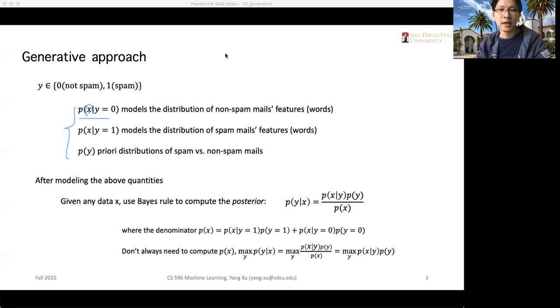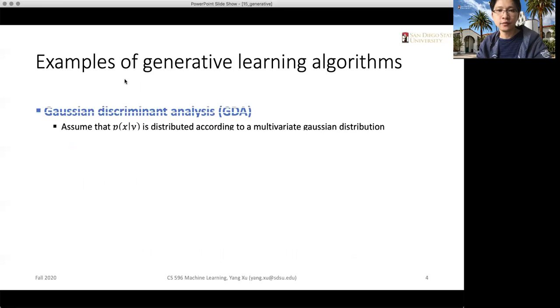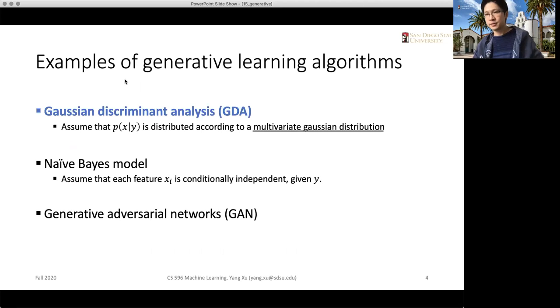So let's look at actually 3 types of models that we're going to cover today. The first one, the Gaussian discriminant analysis, or GDA, and the second one, Naive Bayes, are closely related to the problem we described in the previous slide.